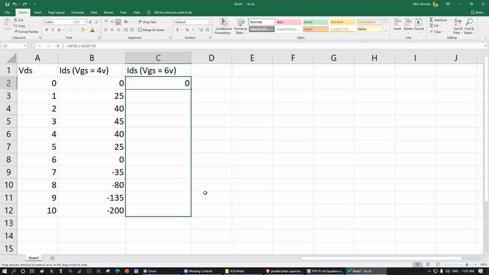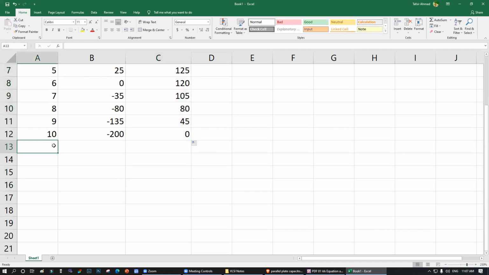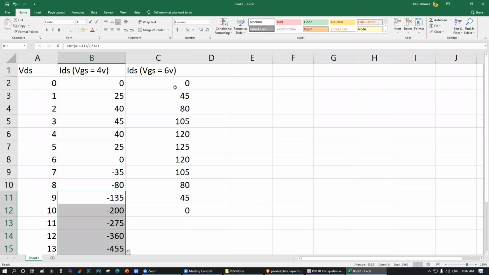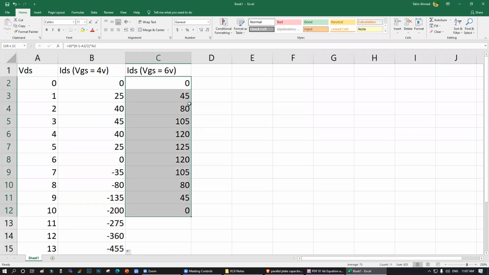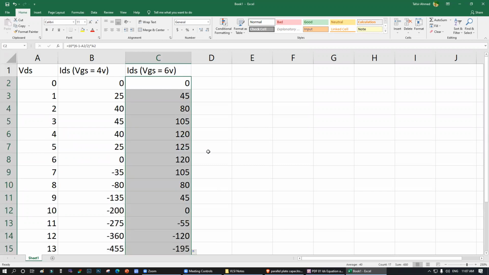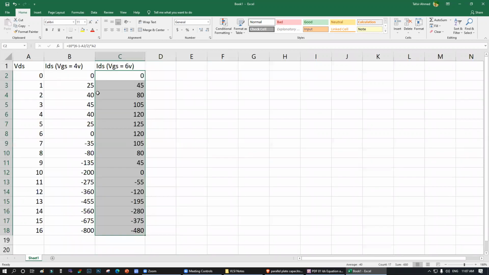Now, can anyone see what is happening here? Let's go a bit more. Can you see what is happening here?